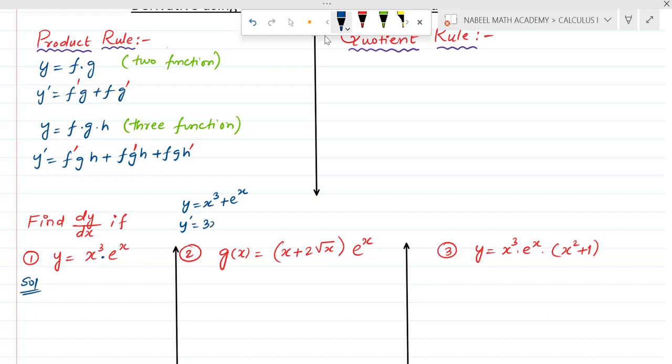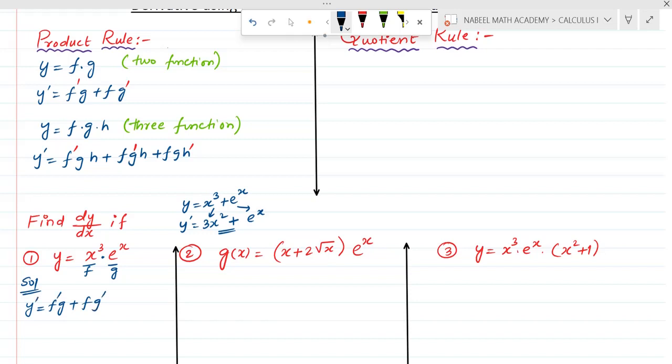You will have 3x square for this part plus e power x for this one. This is the derivative we usually do for plus. But here we have a product. So how will you do this one? This is my f, this is g. So I write the rule here: f prime g plus f g prime. Here f is differentiated, here g is differentiated.